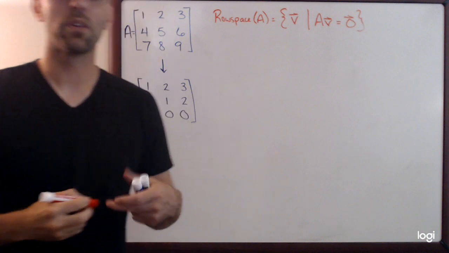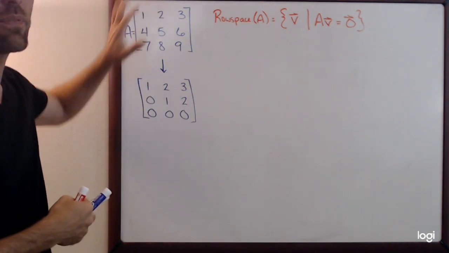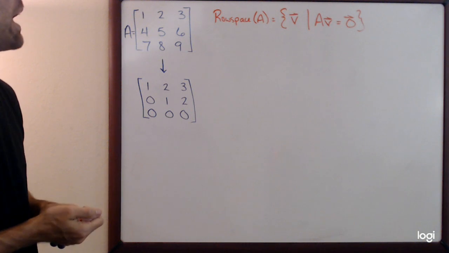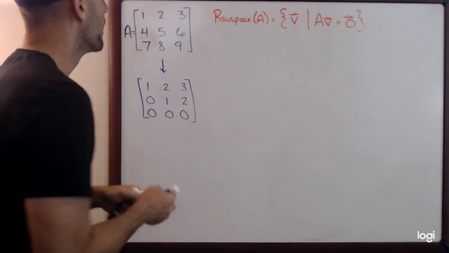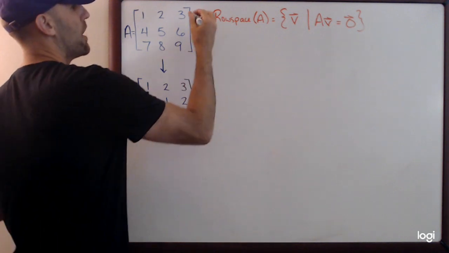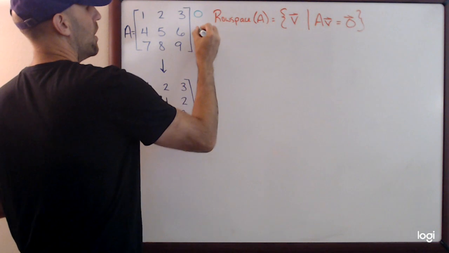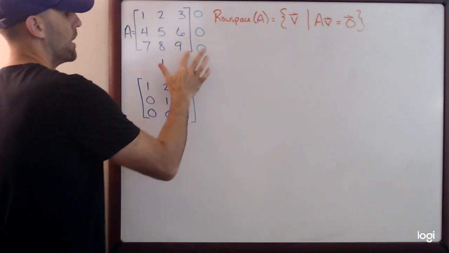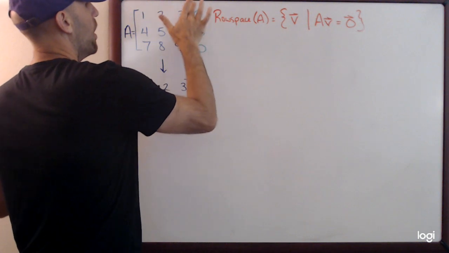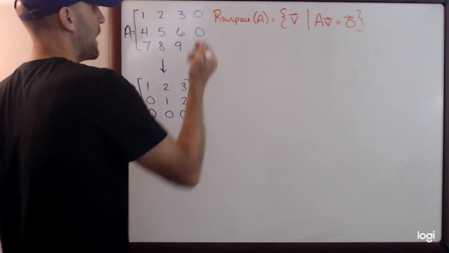This is quite literally asking, if you take matrix A as the coefficients of a system, and you assume temporarily that that system is homogeneous, so it has a solution column of all zeros, okay, then its solution space is the null space.